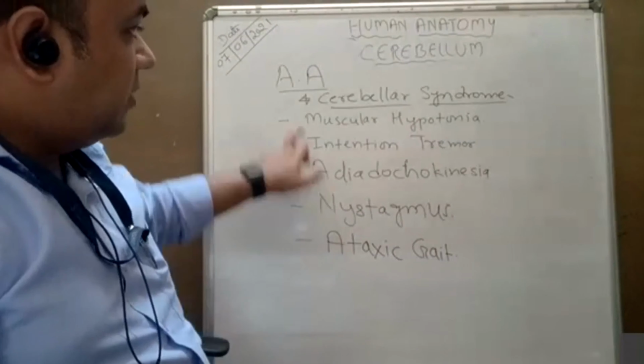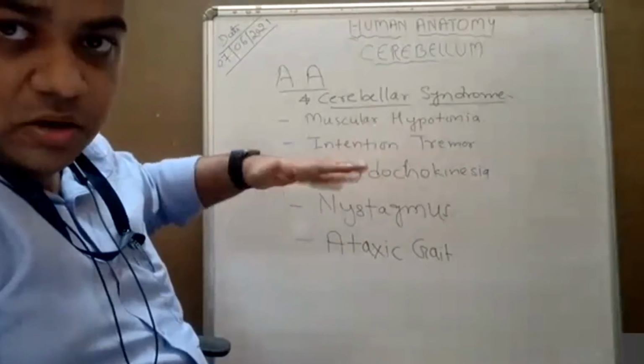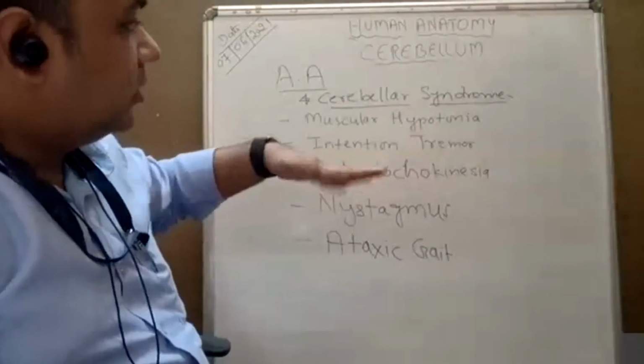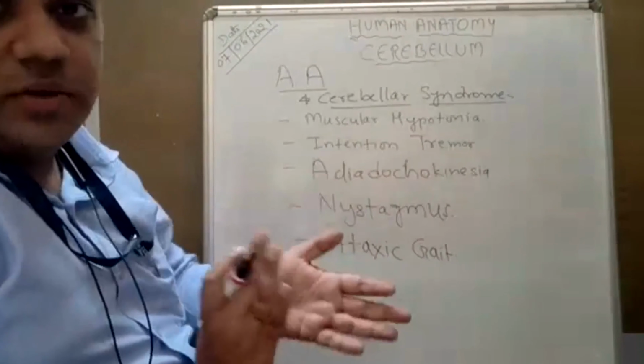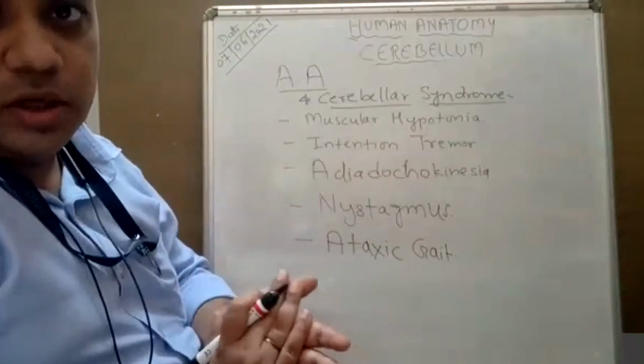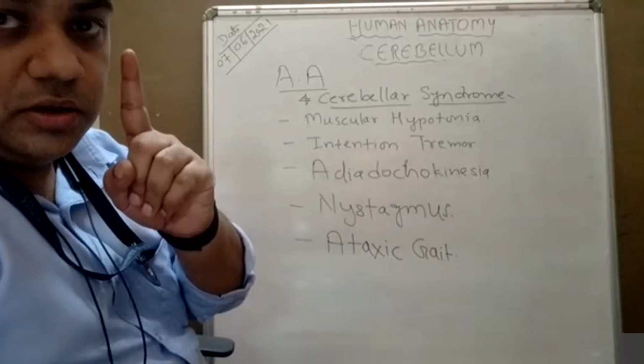To sum up: muscular hypotonia means low tone. Intention tremor is the tremor during motion or movement. Diadochokinesia is the loss of rapid regular alternating movement and coordination. Nystagmus is related to the eye, the to and fro oscillatory movement of the eyeball.